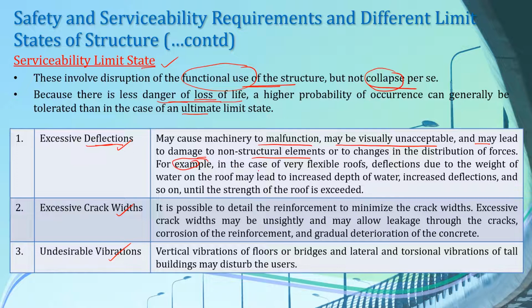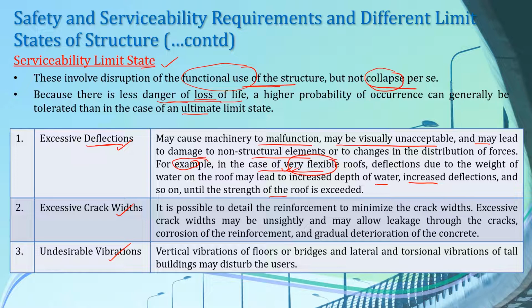For example, in the case of a very flexible roof, deflection due to the weight of water on the roof may lead to increased depth of water. That increased depth of water may lead to increased deflection, and so on until the strength of the roof is exceeded. Because of this flexible roof, there is no initial danger to human life or initial collapse of the structure, but rather there is disruption in the use of our structure.